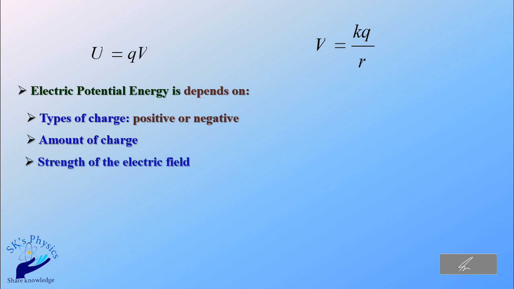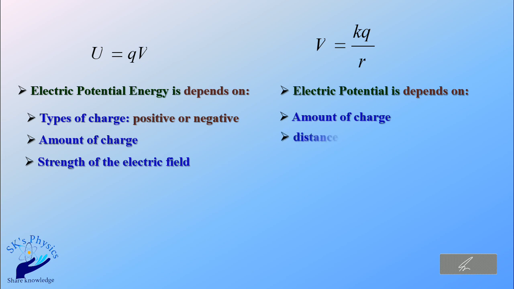Now electrostatic potential V is equal to kq by r. So electrostatic potential depends on the amount of charge q and the distance from the charge r.